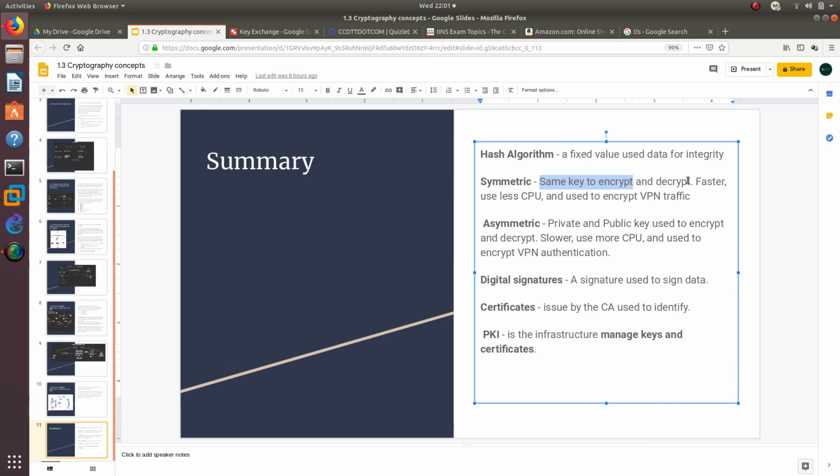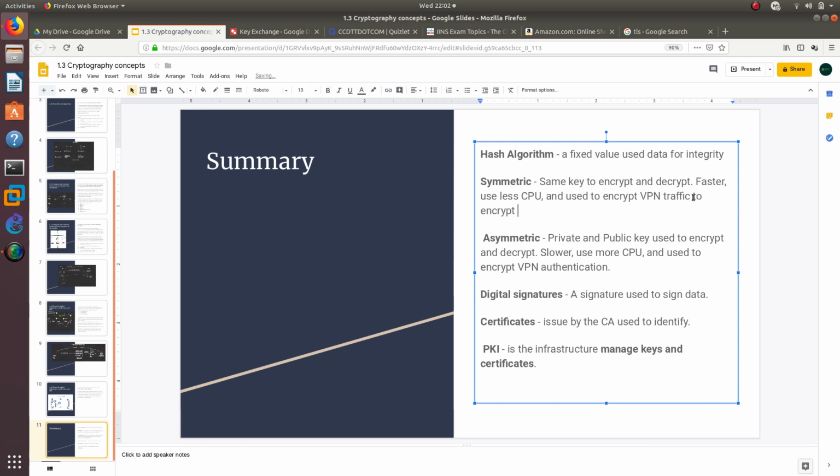And it is a lot faster, uses a lot less CPU, and it is used to encrypt VPN traffic and also to encrypt HTTPS. An asymmetric uses a private and a public key used to encrypt and decrypt. It is slower, uses a lot more CPU, and it is used to encrypt the VPN authentication.